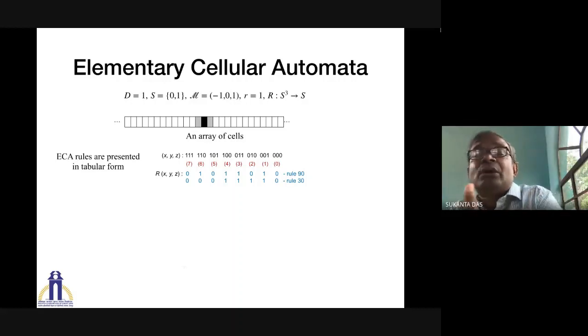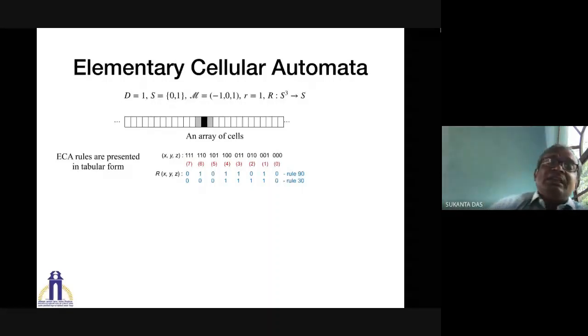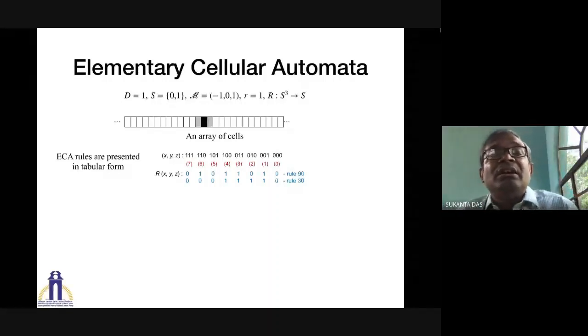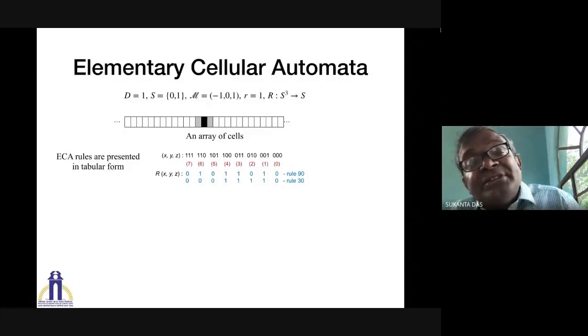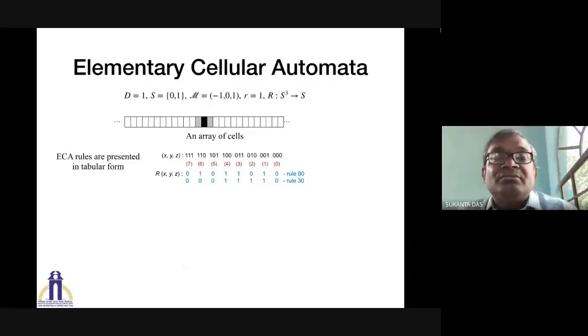Let me write down all the elements of the domain. The elements will be 0, 0, 0, one element of the domain, 0, 0, 1, in this way, up to 1, 1, 1, right? So there are 2 to the power 3 elements only in the domain of R. When I'm presenting the rule, I am writing the domain in this fashion.